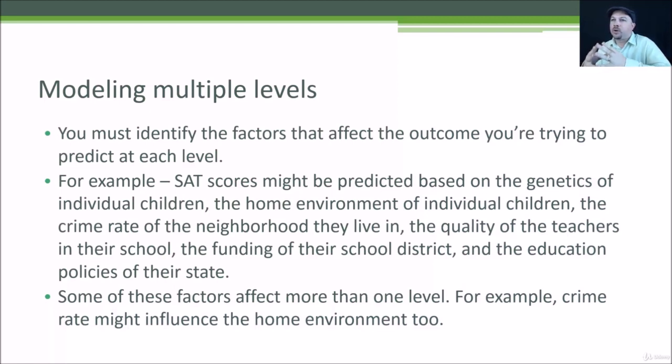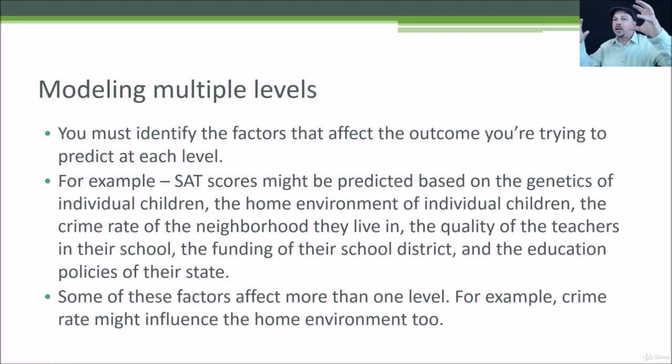So if I'm trying to predict overall SAT scores, for example, well, I know that depends in part on the individual child that's taking the test, but what is it about the child that matters? Well, it might be the genetics. It might be their individual health, the individual brain size that they have. You can think of any number of factors that affect the individual that might affect their SAT score.